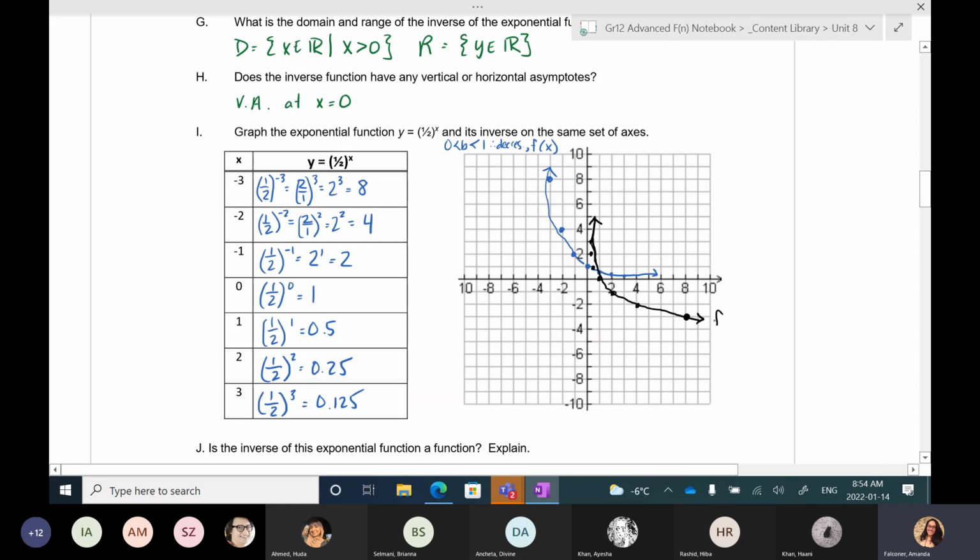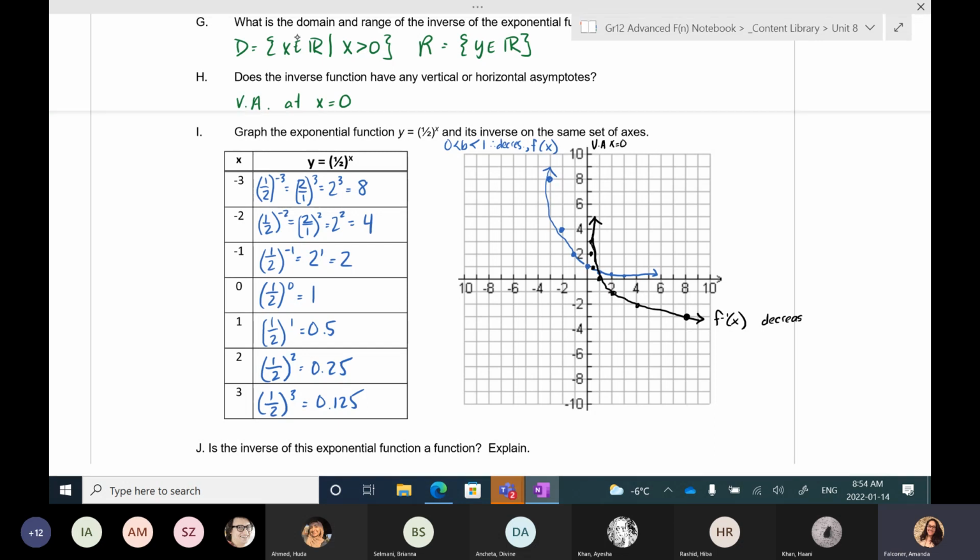Okay, so this is my inverse function. And we can see that it's still decreasing. And what we'll do is also write in that for this inverse, we've got a vertical asymptote at x is equal to 0.